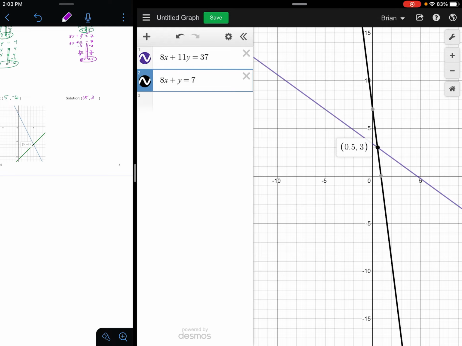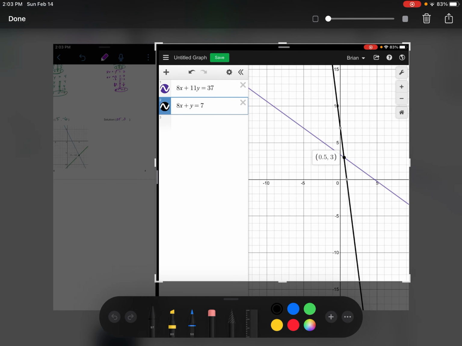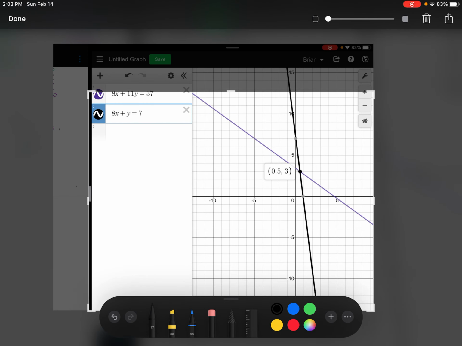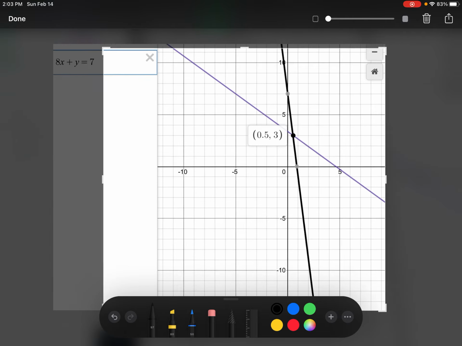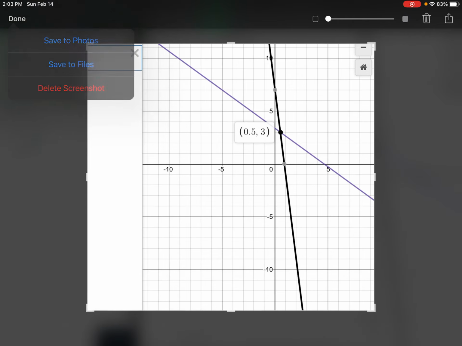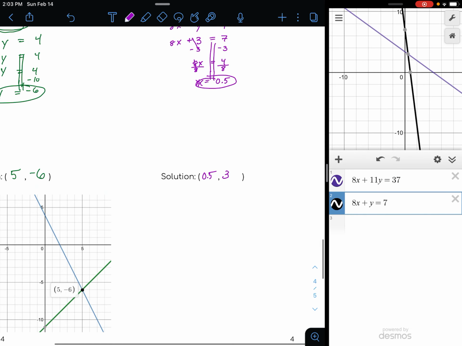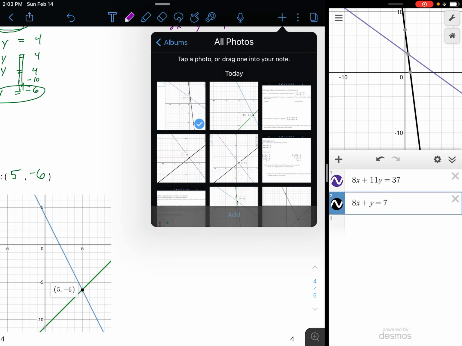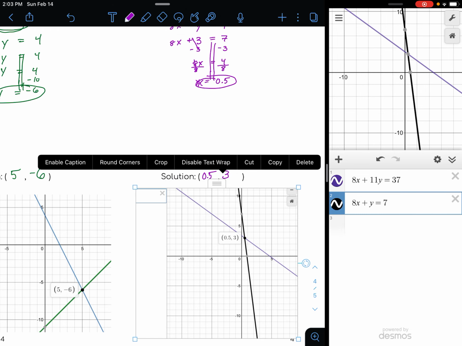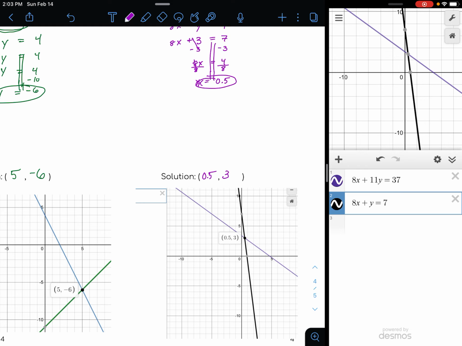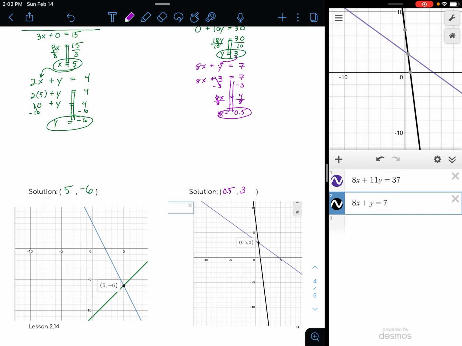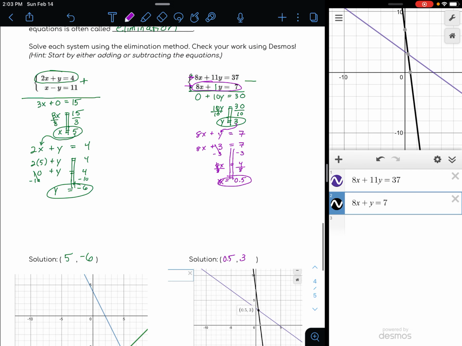There we have it. 0.5, 3 is the intersection point. Bring that in to show what we have got. So that is how you solve a system of equations through the elimination method, and how you would check your answers, once again, by using a graph.